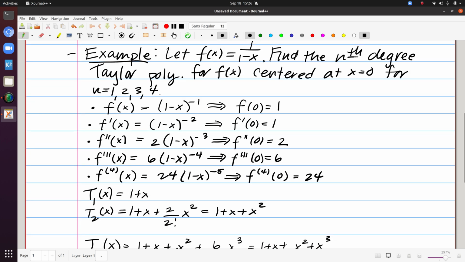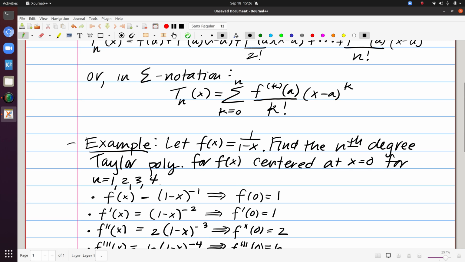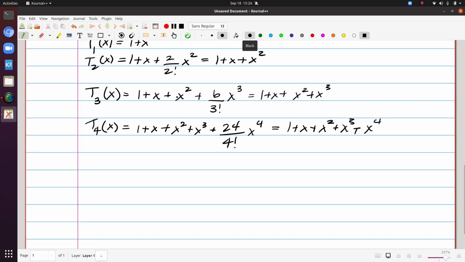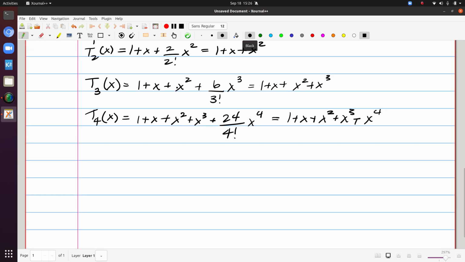But I can take advantage of my sigma notation, because if we start to talk about the possibility of sending n to infinity, in sigma notation, that's just going to affect that upper value for the index k. Doing so yields what we call a Taylor series.